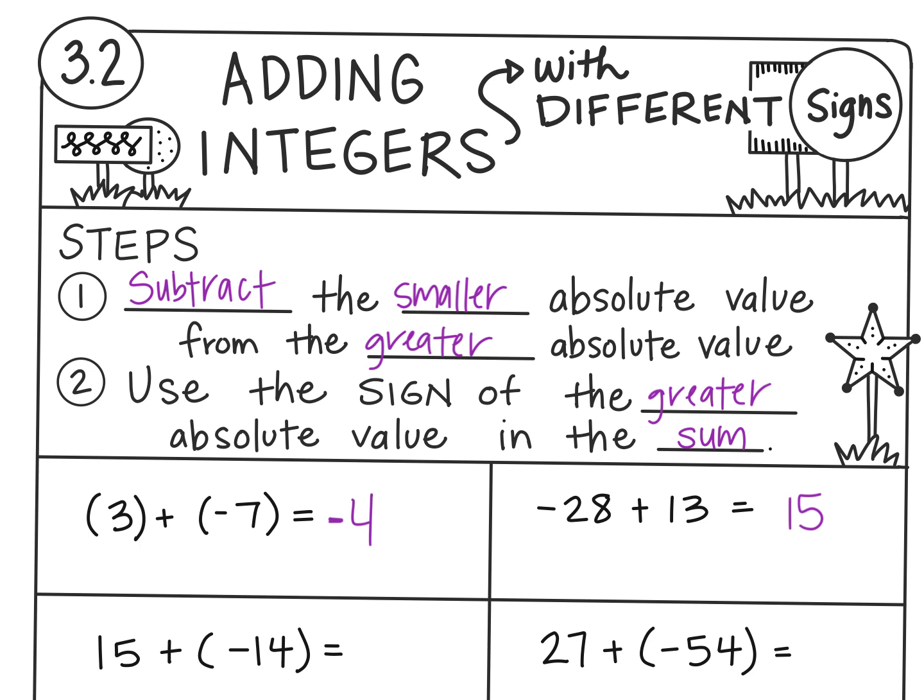Which one of those absolute values is bigger, 28 or 13? 28. So I'm going to use the symbol that is attached to the 28, which is negative. So my answer is negative 15. So I did 28 minus 13. Over here I did 7 minus 3. That's how we ended up with our answers.